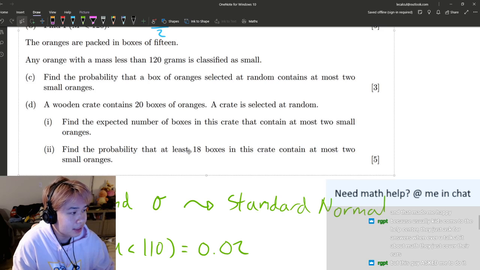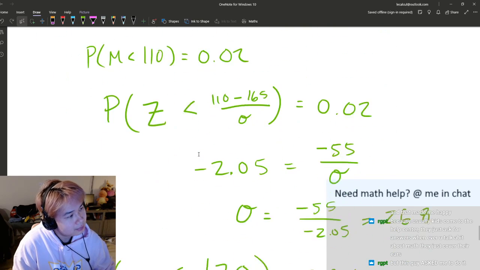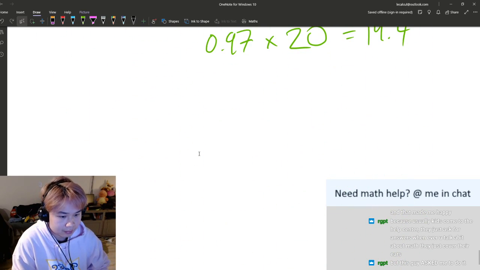Okay, find the probability that at least 18 boxes in this crate contain at most 2 oranges. Okay, so isn't this just binomial theorem again? At least 18 boxes. Okay, let's write this down.